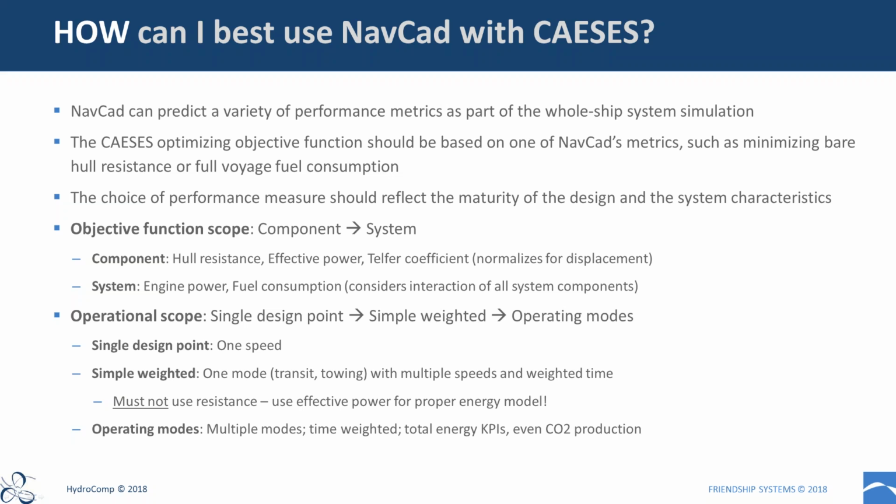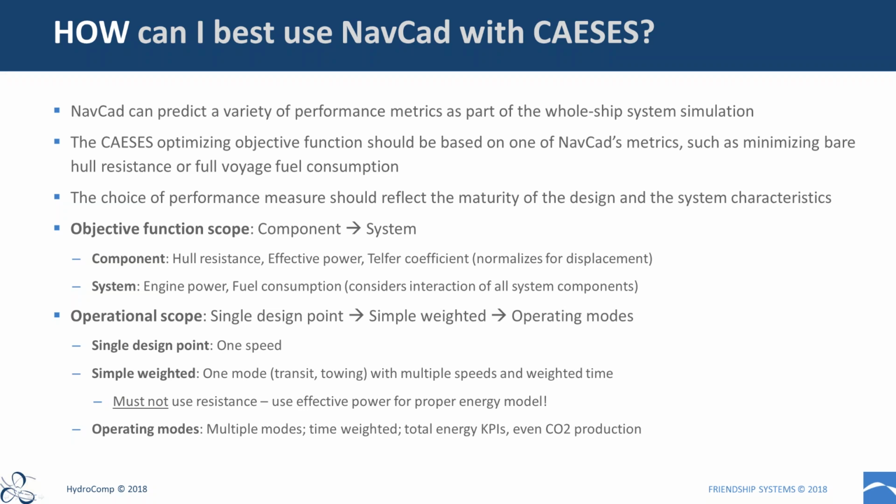So in this particular case, it makes sense for the objective function scope to be based on a component, because we're then going to plug in a water jet as a propulsor later on. Now, if we were doing propellers, for example, controllable pitch propellers, fixed pitch propellers, we might include optimization within NavCad of the propeller itself. So now we have kind of nested optimizations that can lead to truly optimized systems with CAESES for mission critical outcomes.